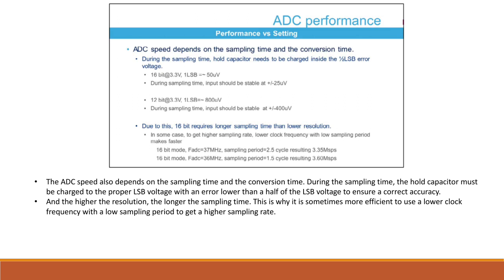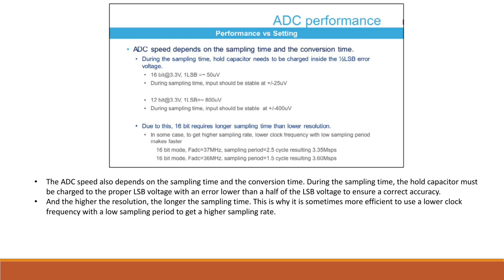During sampling time, input should be stable at plus or minus 25 microvolts. For 12 bit, 1 LSB is 800 microvolts. During sampling time, input should be stable at plus or minus 400 microvolts.